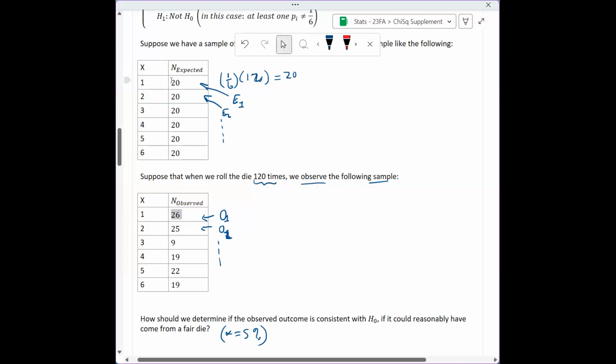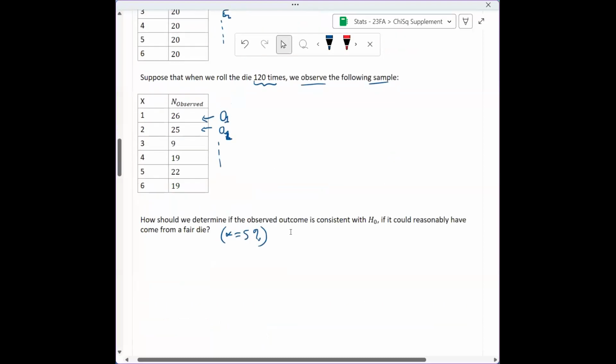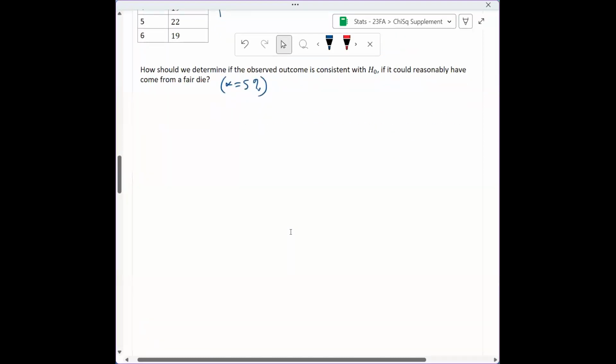The more the observed tend to deviate from the expecteds, the more certain that I am that the die is unfair, that I should reject the null in favor of the alternative. So if I look at something like observed 1 minus expected 1, and if they're big, that's an indication that I should reject the null in favor of the alternative.